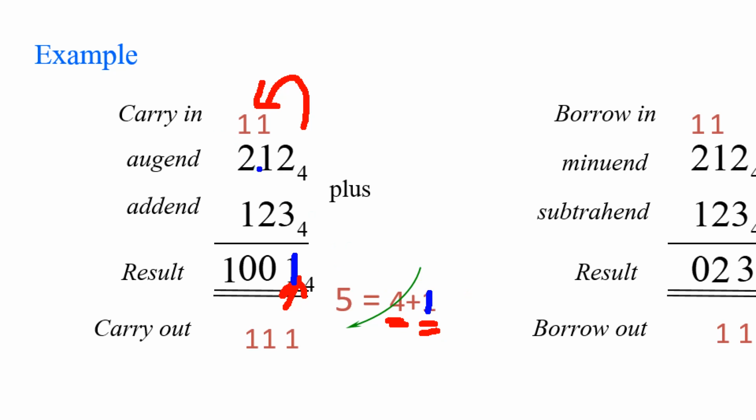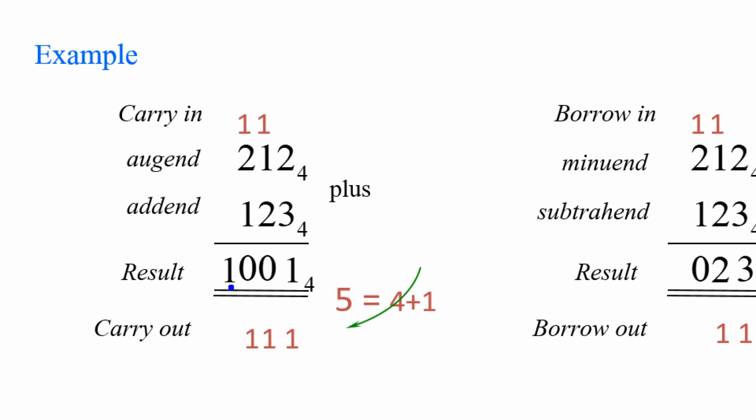After that, when you do 1 plus 2 plus carry in, it becomes 4, right? But it cannot be 4 in a digit. Then you move this 4 to the next digit, where it becomes 1, and this digit is 0. After that, 1 plus 2 plus 1 is 4 again, so 4 is 0, and carry in is 1.